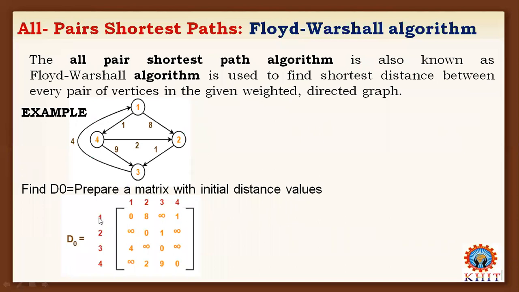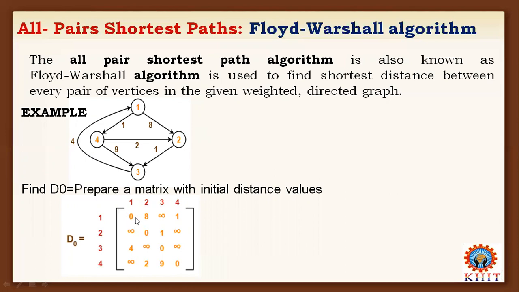Here 1, 2, 3, 4 are rows, and 1, 2, 3, 4 are columns: first column, second column, third column, fourth column in the matrix. The 1, 2, 3, 4 represent the first row, second row, third row, and fourth row of the matrix.